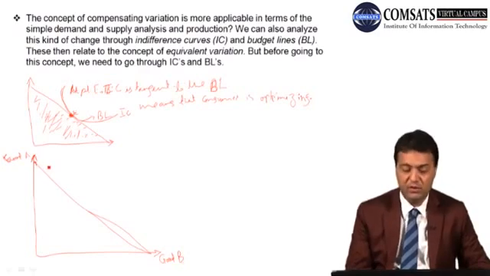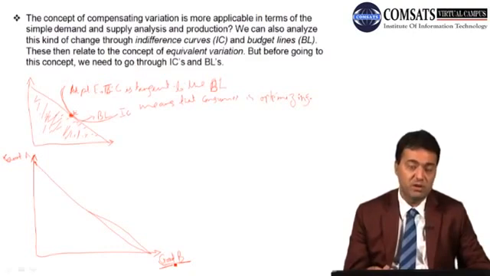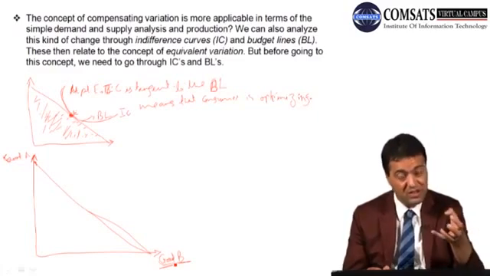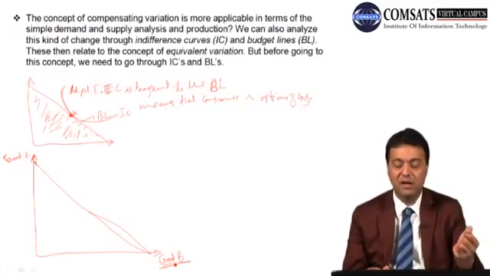Suppose, for the sake of argument, just in terms of explaining what I mean by the equivalent variation over here, that there is no choice for this good. For some reason, this good isn't available in the market. So in this case, the consumer's choice is being limited. He can't find this good.